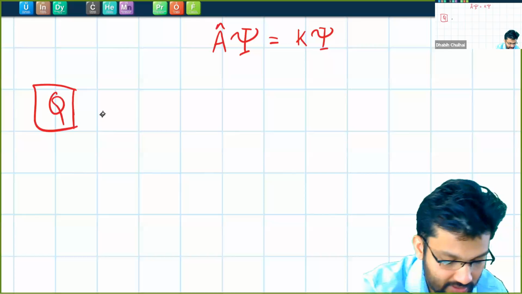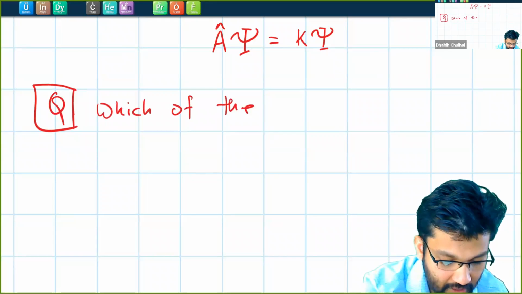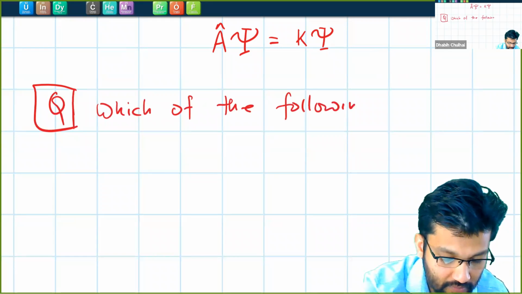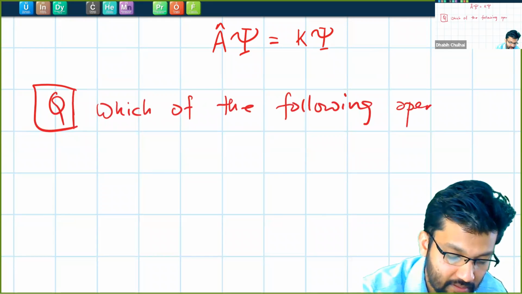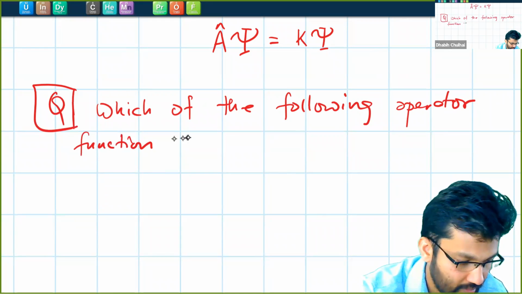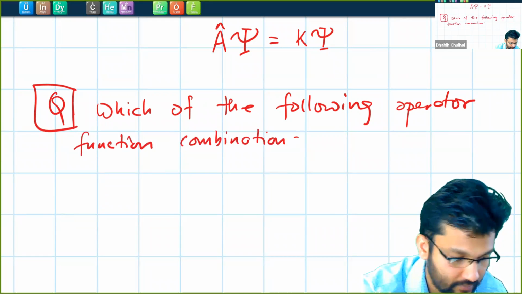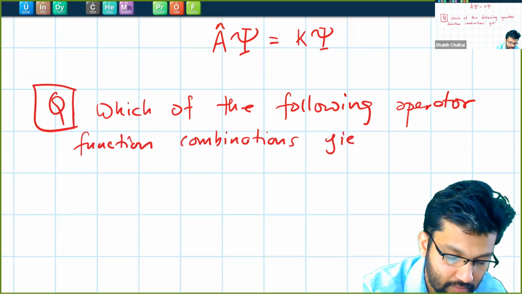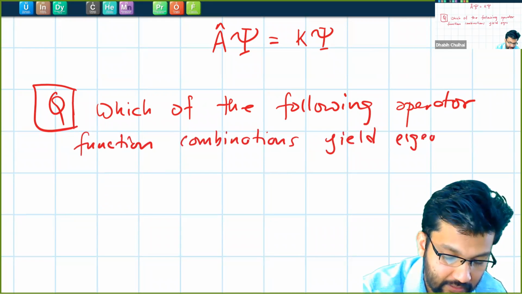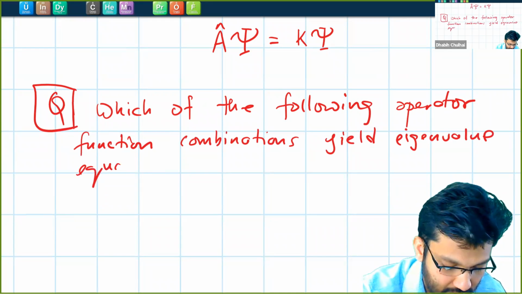All right, let's do some for practice. Which of the following operator-function combinations yield eigenvalue equations?